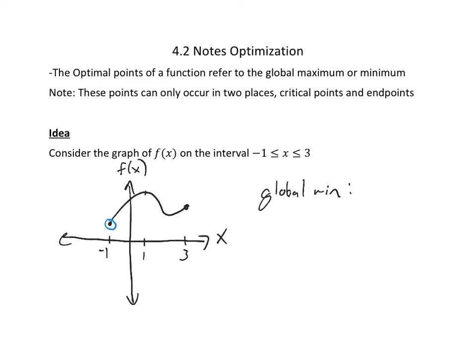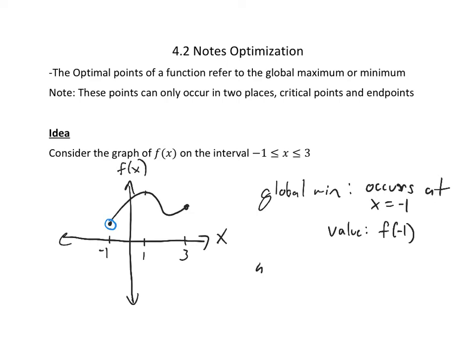So we would say the global minimum occurs at x equals -1, and it's going to have a value of whatever f of -1 would be. So we would have to actually know what that output value is, but we know that that's going to be the smallest possible output value of this function.